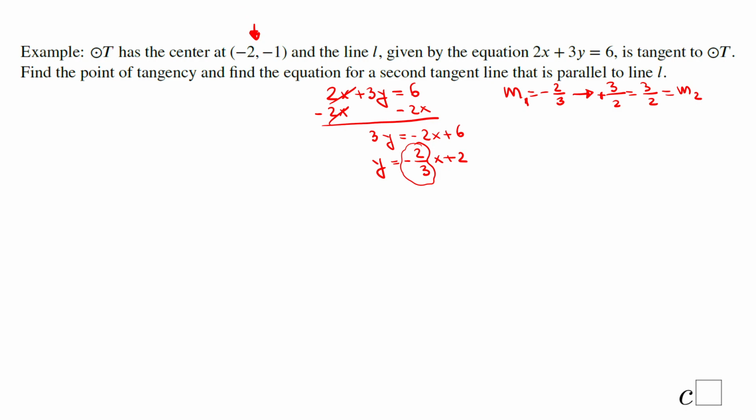So let's find the equation of that line, and we have choices here. I'm going to use the point-slope form, but if you want, you can use the slope-intercept form.